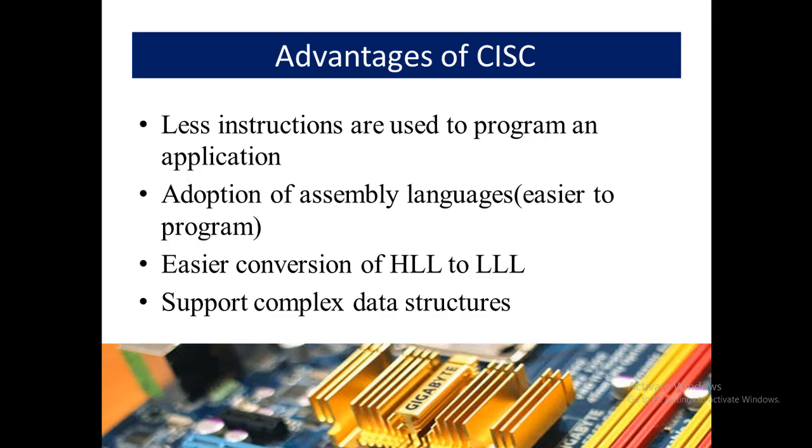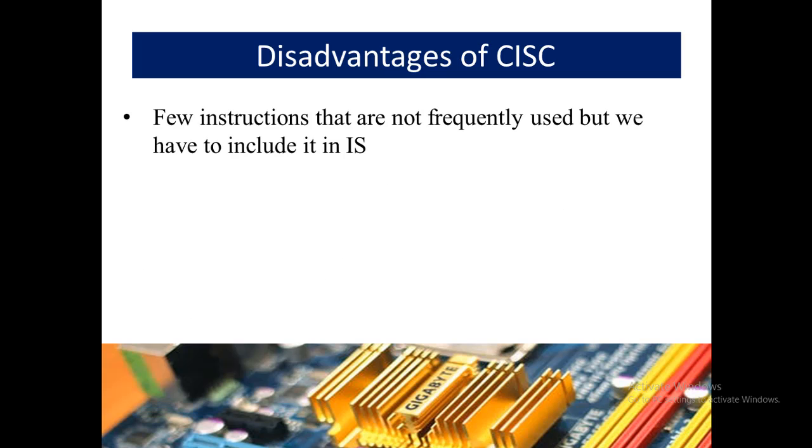What are the main disadvantages of CISC? Number one, there are a few scenarios in which some instructions that are not frequently used still have to be included in the instruction set. That results in lengthy code.